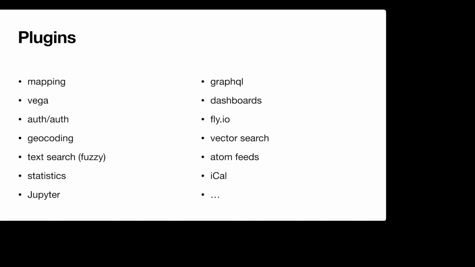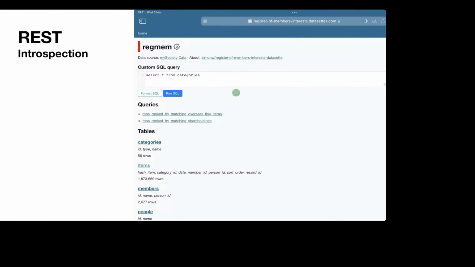Talk about that in a sec as well. Vector search, if you're all hot with AI. Now, who isn't? It'll read and generate Atom feeds. It'll understand iCal. There's just all sorts of things. And the plugins are fairly easy to write if you know Python. Python's not hard to learn.